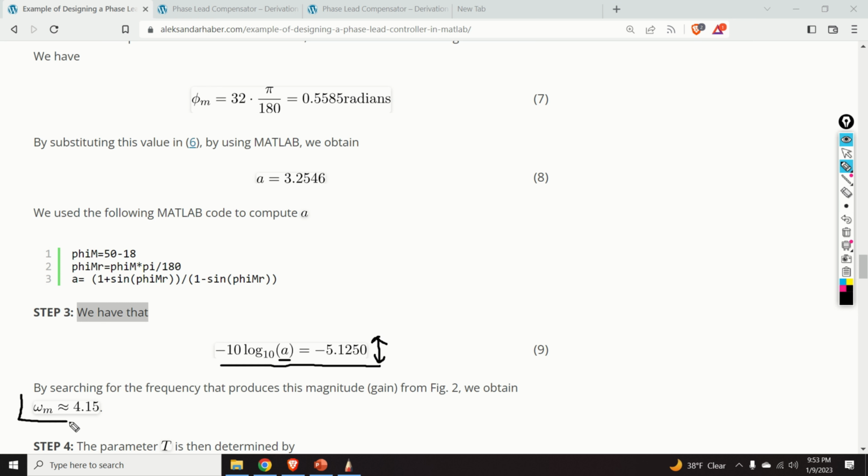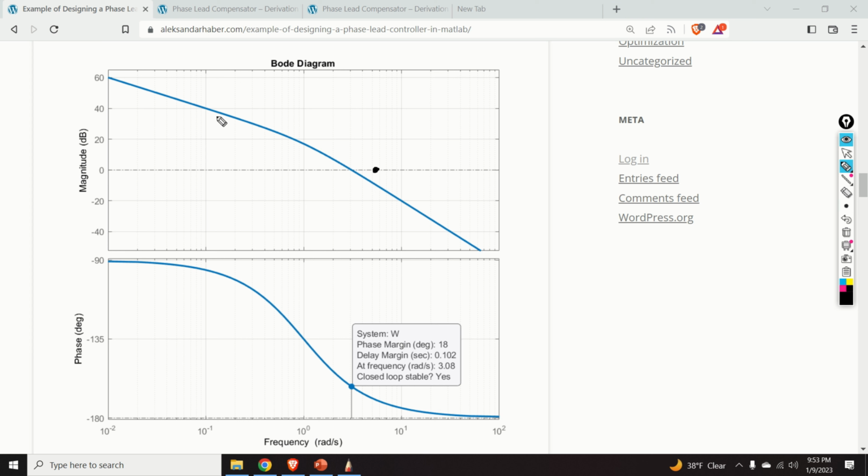Here's the Bode graph, and what we actually concluded is that at some frequency over here, once the phase lead compensator is added to the system, we will achieve a magnitude of the compensated system that looks like this.